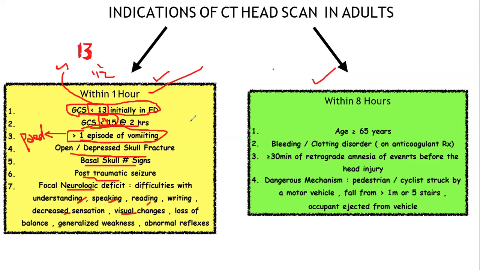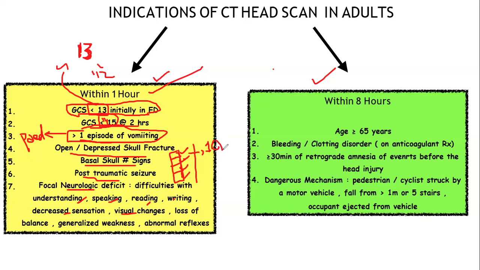First, what will you do? The common things in peds and adults, you will write first. So these are the common ones, like base of skull fracture or post-traumatic seizure. These are common in peds as well as in adults. You will write them on one page. And the things which are different from adults, you will add as extra notes in another column for peds. So it will become easy for you.